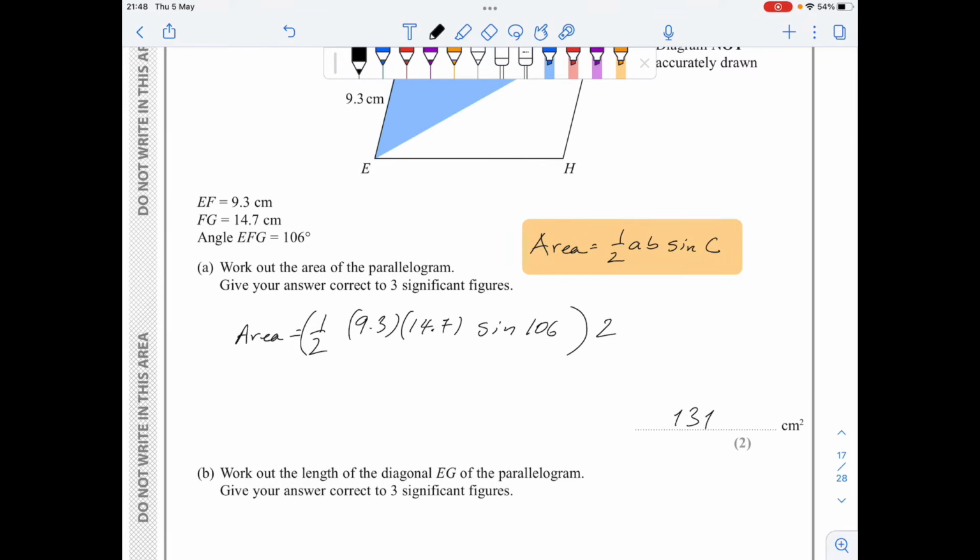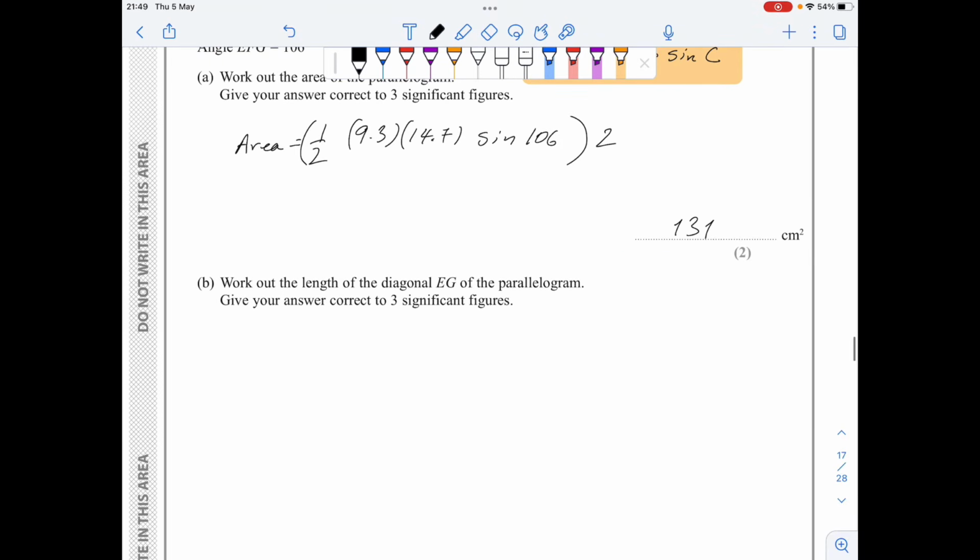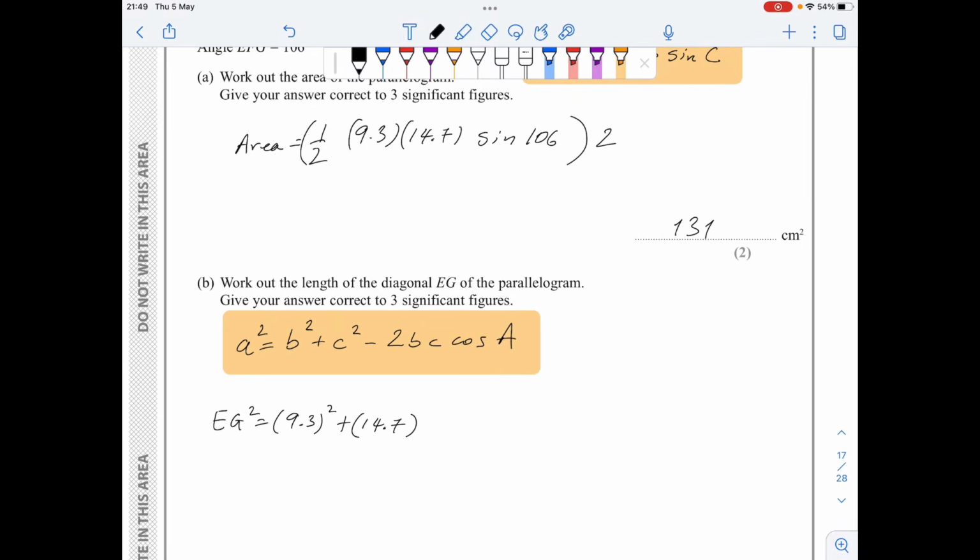For part B, I'll use the same triangle, and in order to find EG, I will use the cosine rule. The cosine rule states the following. Again, let's substitute the values in. So I've got EG squared is equal to 9.3 squared plus 14.7 squared minus 2 times 9.3 times 14.7 cos of 106.